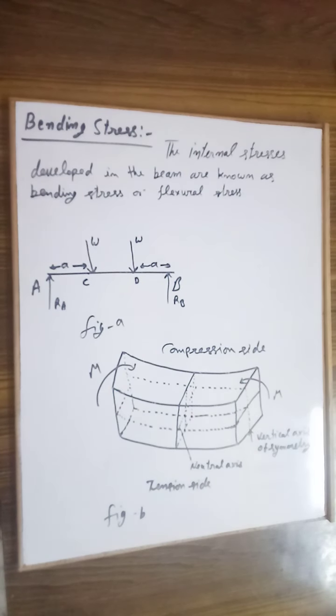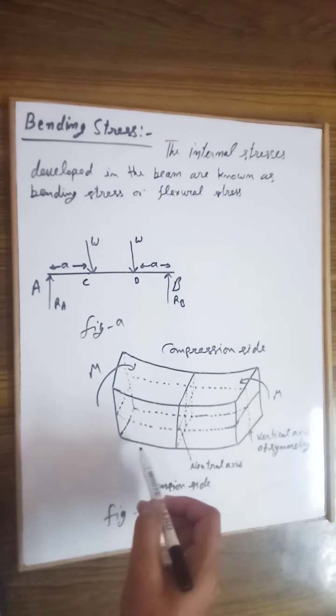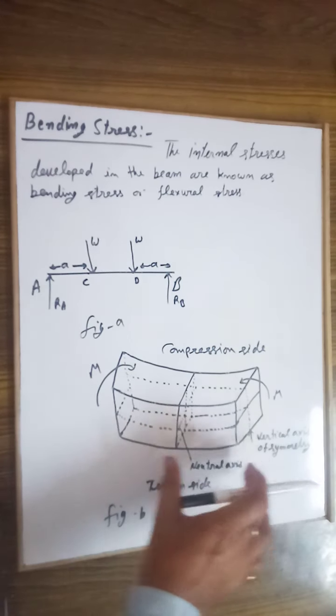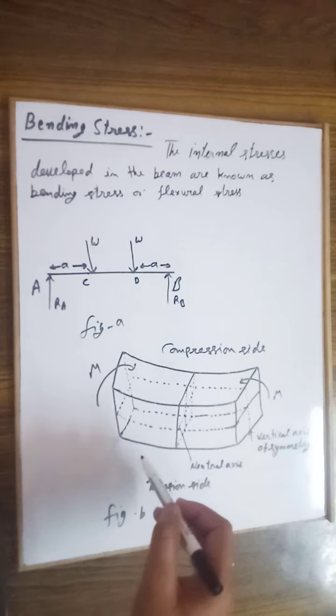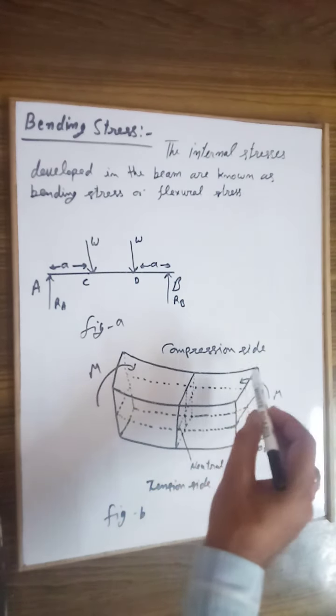Okay. So there is an intermediate surface also. This particular surface will somehow be elongated. So we have considered that this will be the tensile side, and this is somehow compressed, so we have considered that this is the compression side.